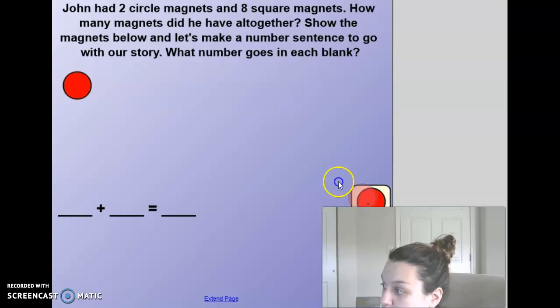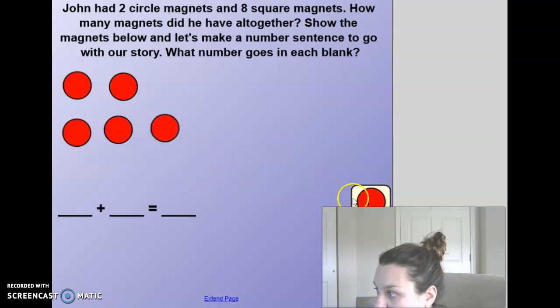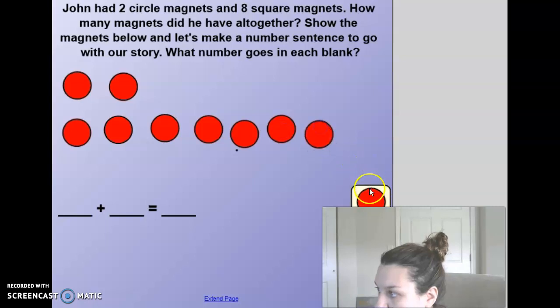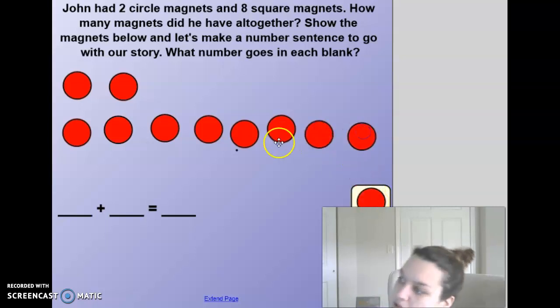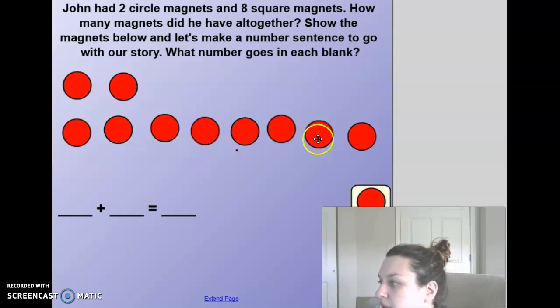John had 2 circle magnets, and then he had 8 square ones. So 1, 2, 3, 4, 5, 6, 7, 8. Well, that's a crazy line, isn't it?